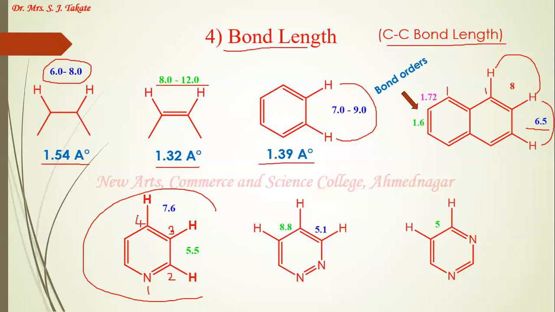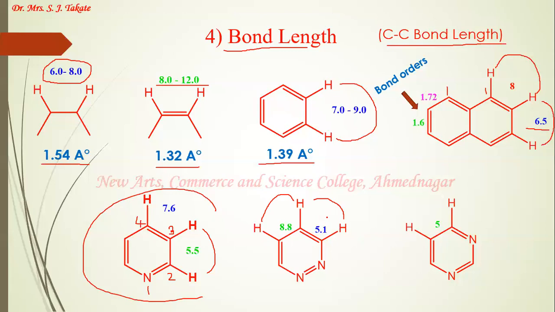The 2,3 bond, as it has more single bond character, has a small coupling constant value here, 5.5 Hertz, while for the protons on carbon number 3 and 4, the coupling constant value is 7.6 Hertz. Again, in other examples also we can see the different coupling constant values: 8.8 Hertz for these two protons and 5.1 Hertz for these two protons.